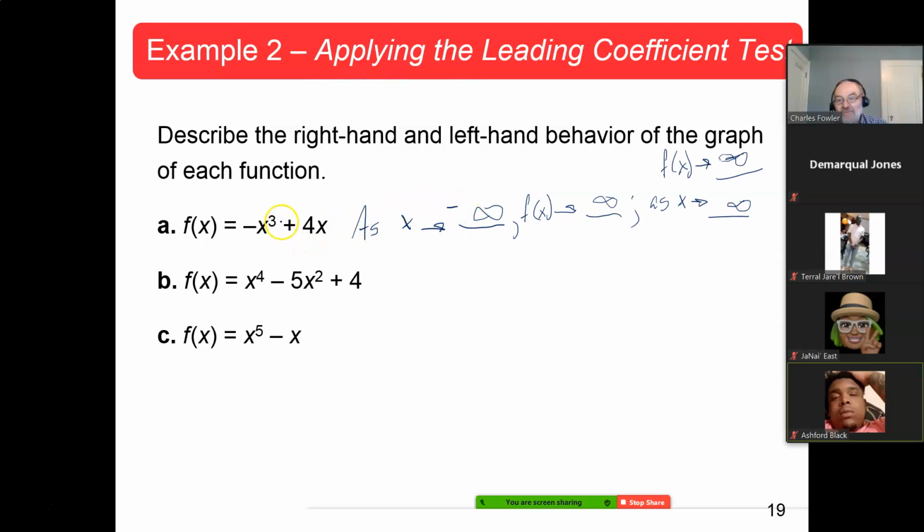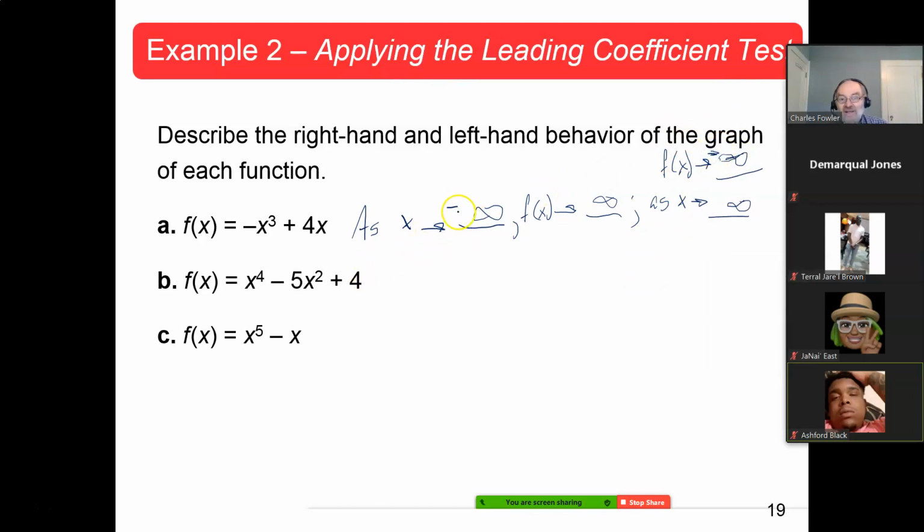Minus 10 cubed is negative 1,000. But when you negate that, that makes it go positive. When x is positive 10, x cubed would be 1,000. You negate that, and that goes to minus.